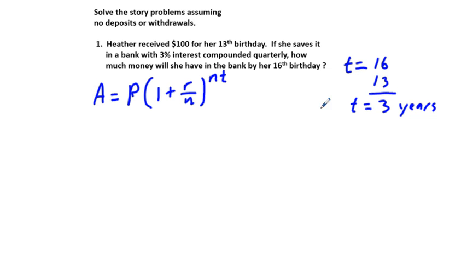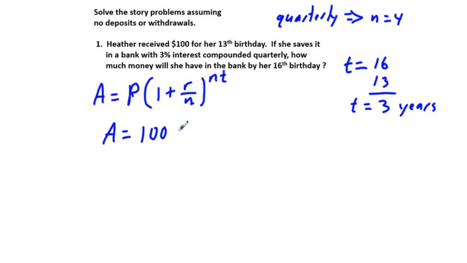So for quarterly, N is equal to 4 times a year. Applying this formula, amount is equal to $100 times 1 plus, now R is equal to 3%, which equals 0.03 as a rate.